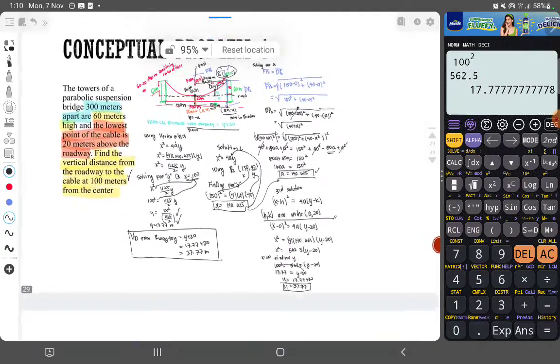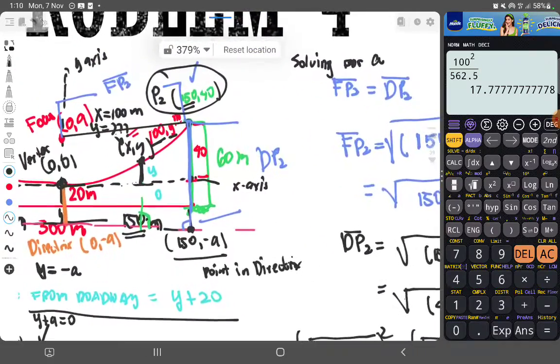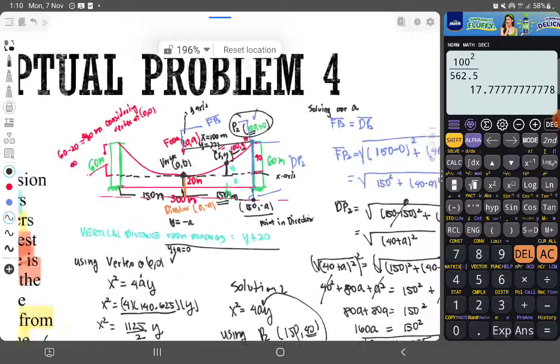Note, in my first equation and my solution 1 and solution 2, I use the vertex at 0, 0. And for my solution 3, I use the vertex at 0, 20. Okay? Now, if you already use your vertex at 0, 20, there's no need to subtract 20 to your 60 meters. Okay?